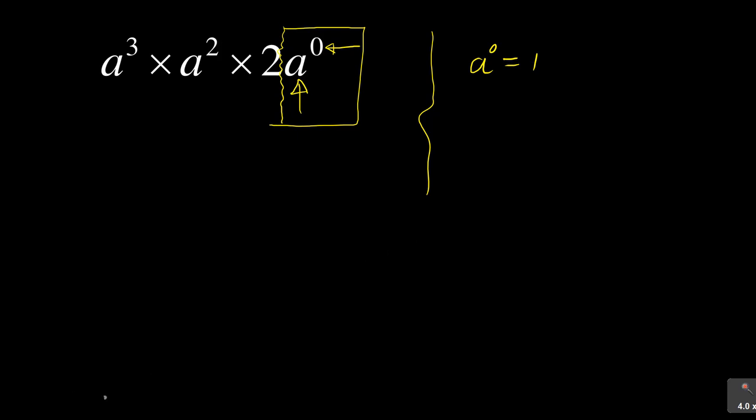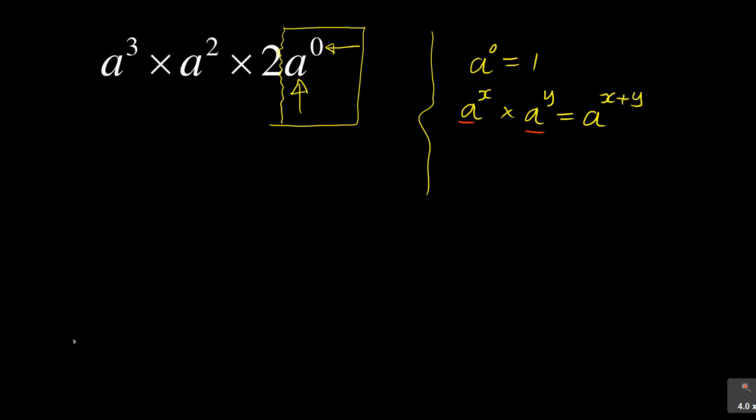Also, using the laws of exponents, this is the first law: if I'm given a to the power of x times a to the power of y, when the bases are the same like this, you must add the exponents. So you write a to the power of x plus y.